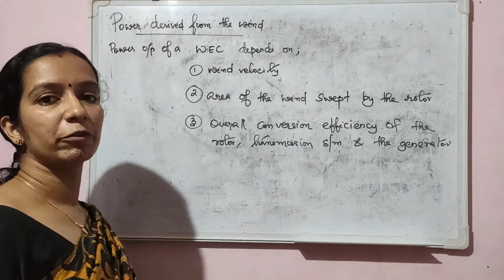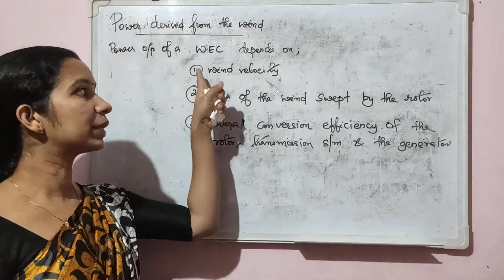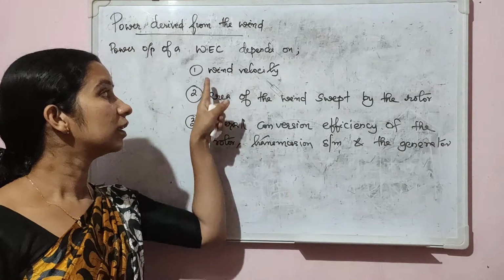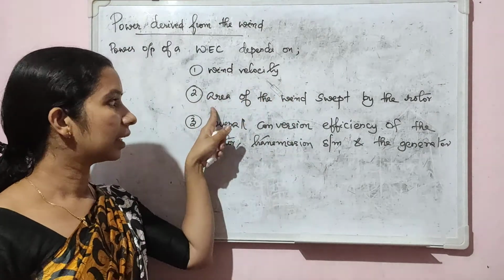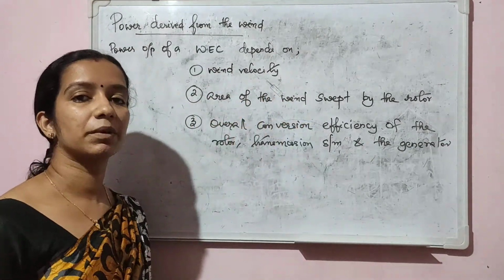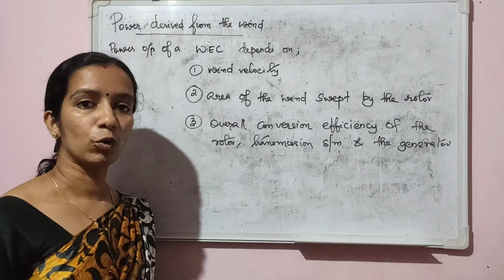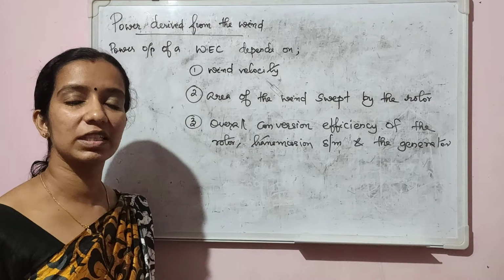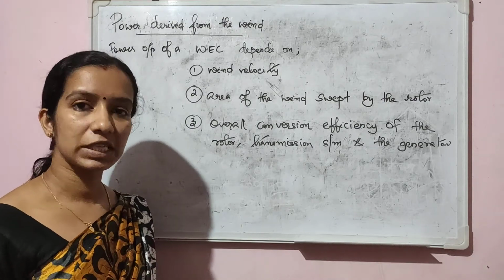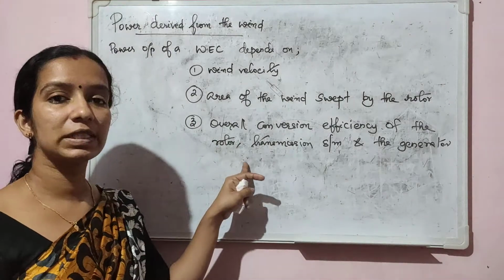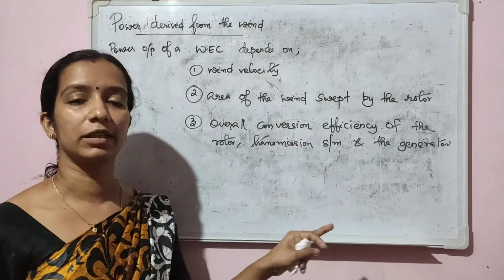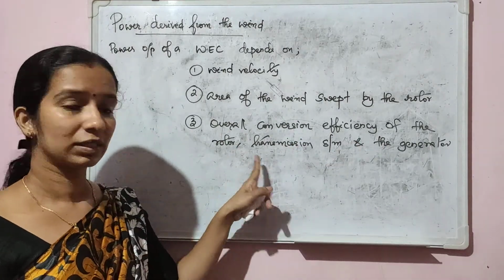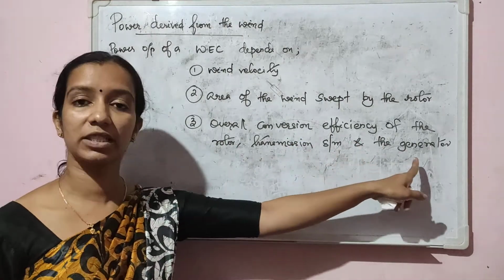So the power output of a wind turbine depends on these three factors: the velocity of the wind, the area of the wind swept by the rotor, that is how much area of the incoming wind is being intercepted by the turbine rotor, and third one is the overall efficiency of the turbine rotor, the transmission system, and the generator.